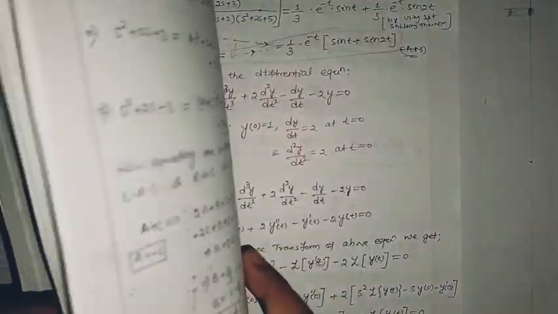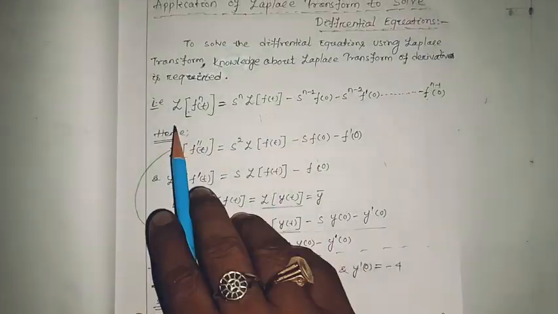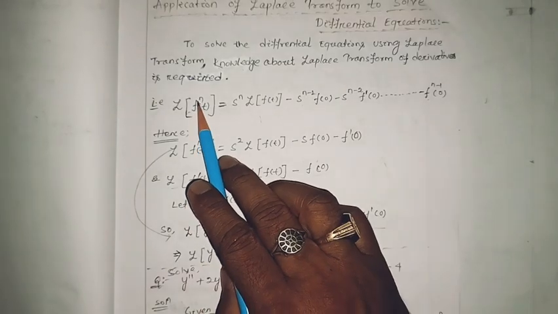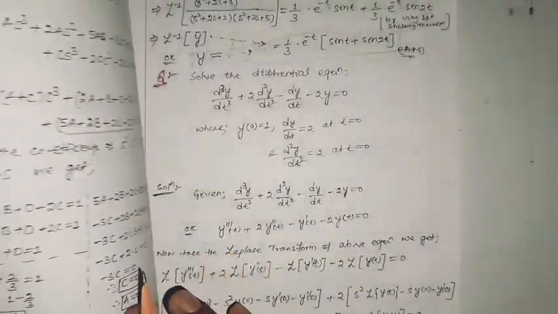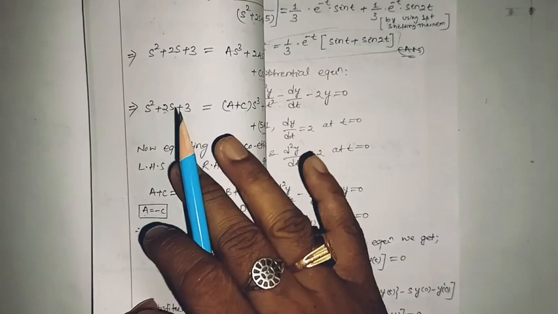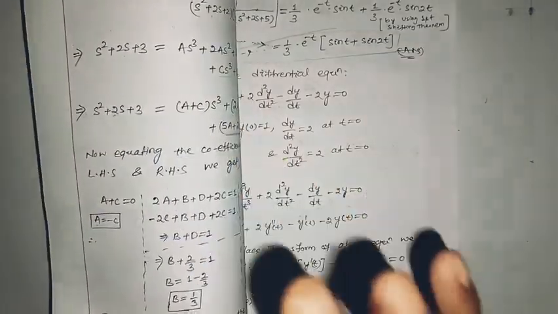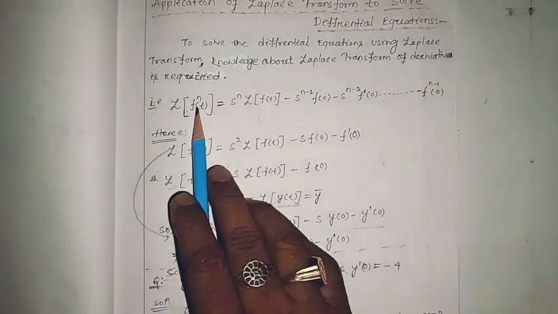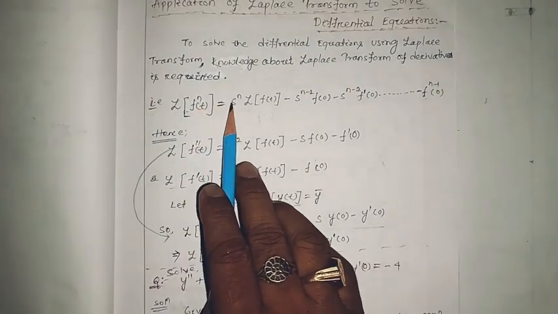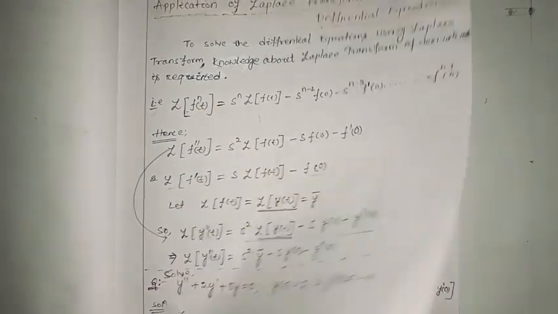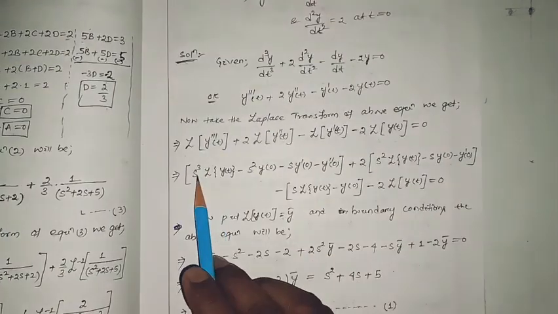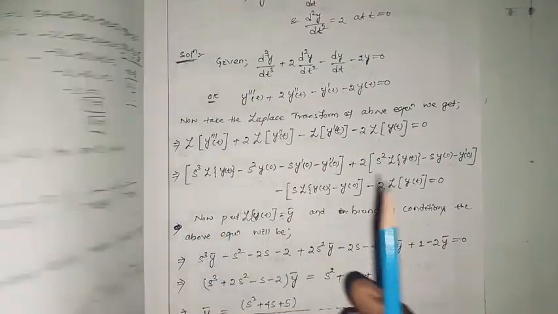Already we have discussed the Laplace transform of the nth derivative. If n equal to 3, up to this question we have considered the double derivative only, but as it is third order, if we consider 3, this will be s cube Laplace transform of f of t, here s cube Laplace transform of y t.